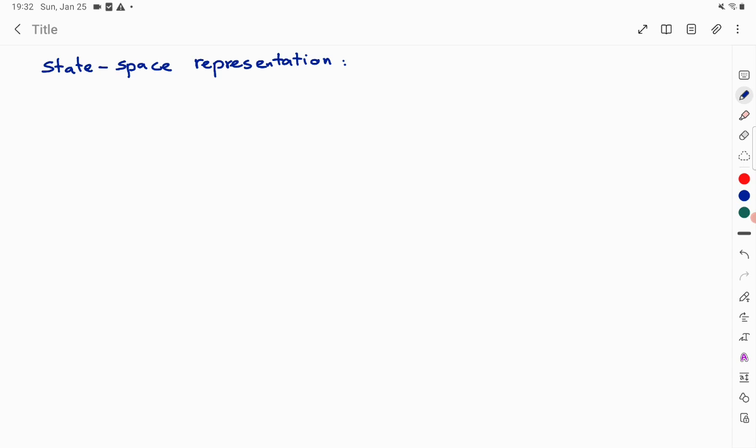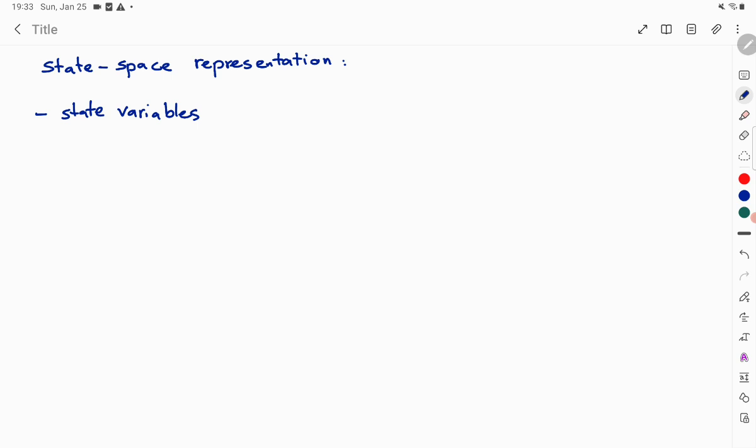We will have some keywords before representing a state space. So let's start with state variables.